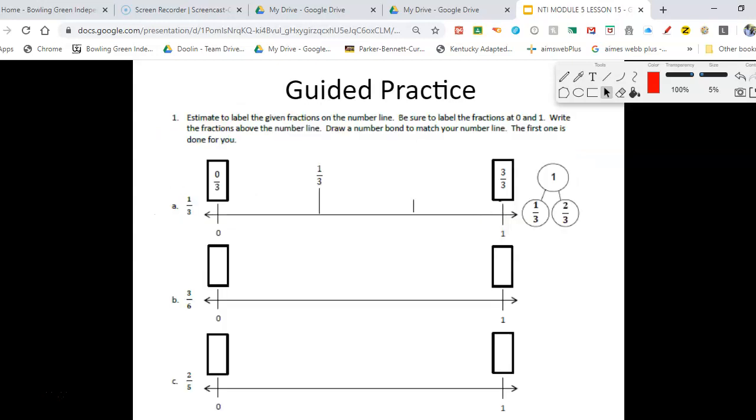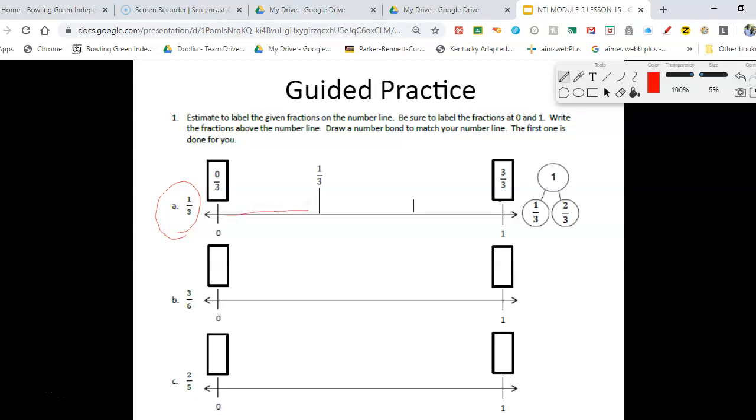Okay. So now we have some practice here. We're going to practice a little bit before you do your own work. So let's look here. It says to estimate and label the given fractions on the number line. So this right here is the given fraction. It's 1/3. So I have labeled 1/3 right here.